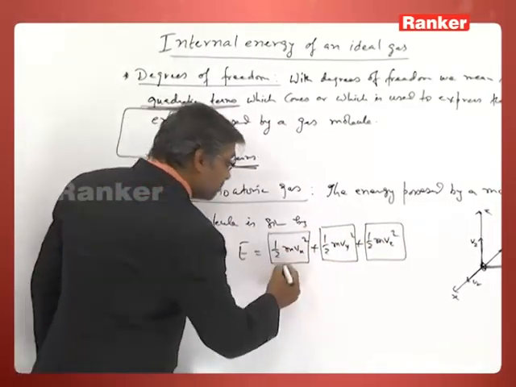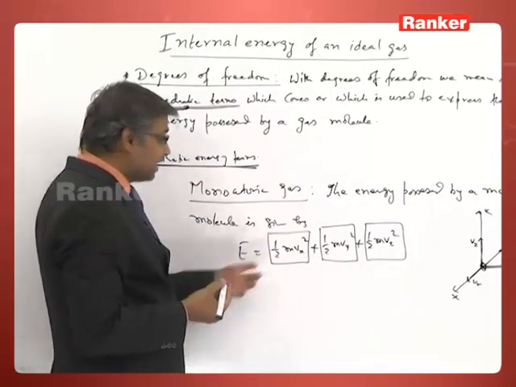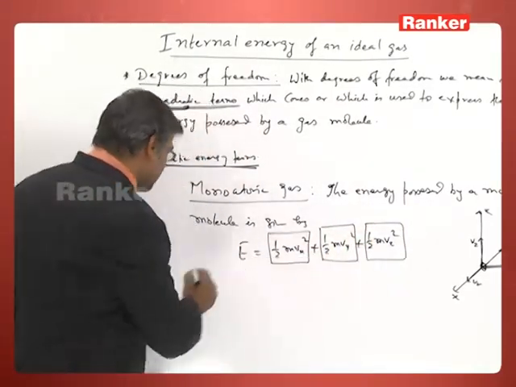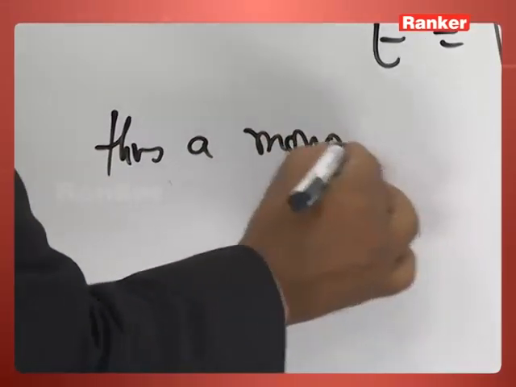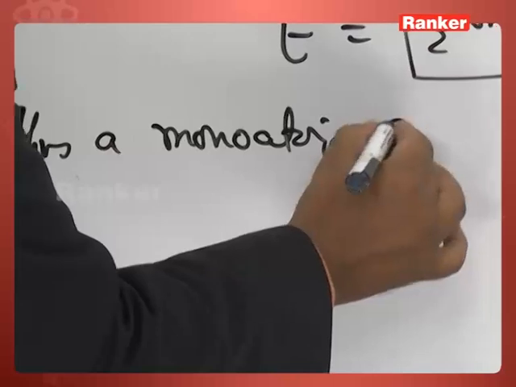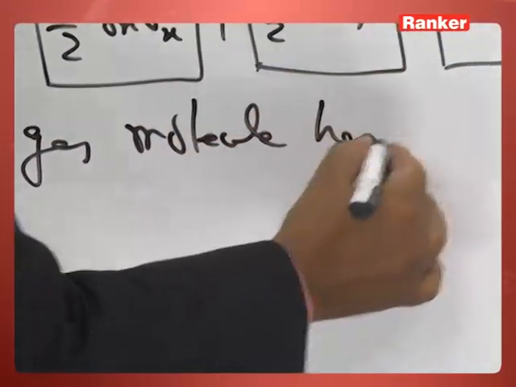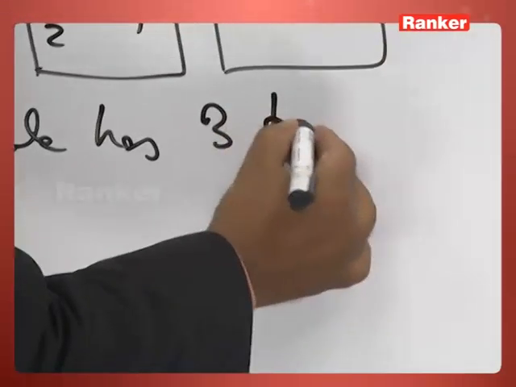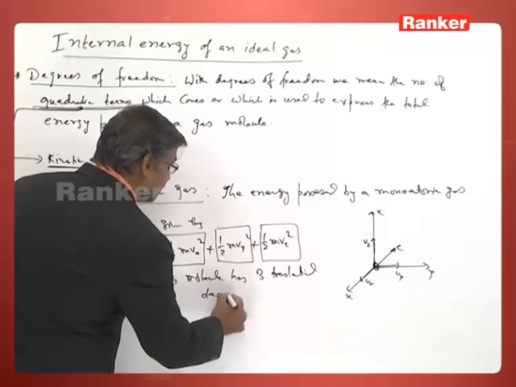So, we call each of these quadratic energy terms a degree of freedom. So, thus a monoatomic gas molecule has three translational degrees of freedom.